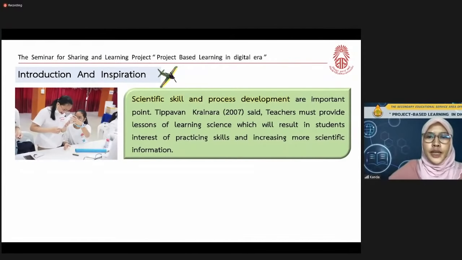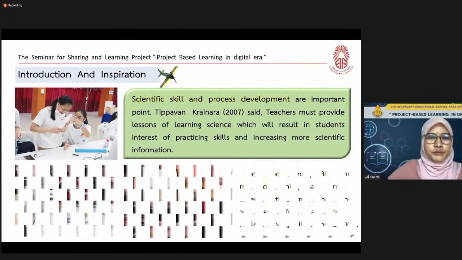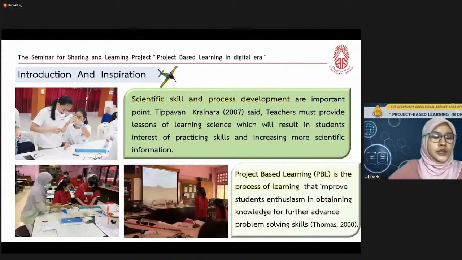Scientific skill and process development are important points. Kipawan Kainara says teachers must provide lessons of learning science which will raise interest, practicing skills and increasing information. Project-based learning is the process of learning that improves student enthusiasm in obtaining knowledge of further advanced problem-solving skills.